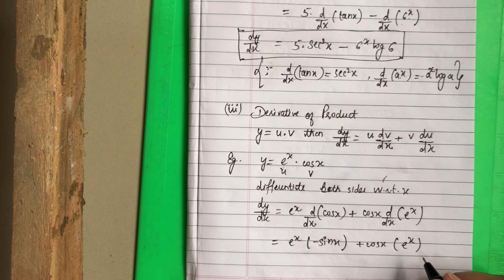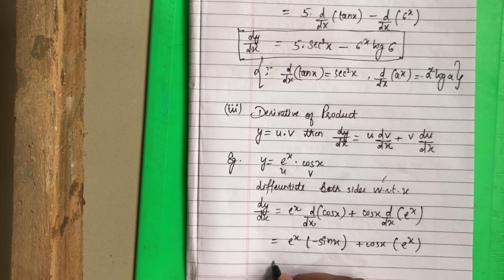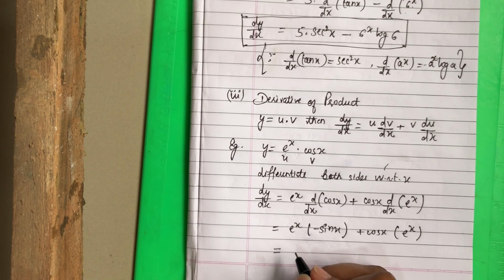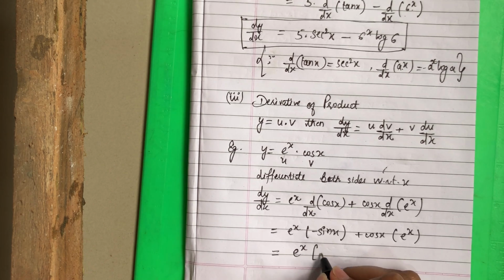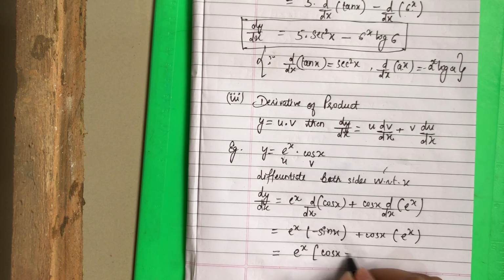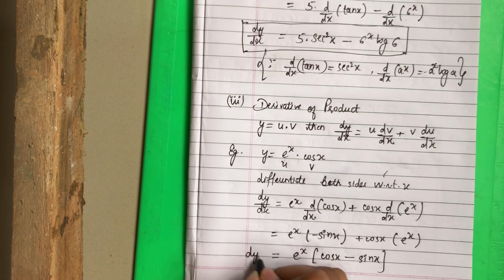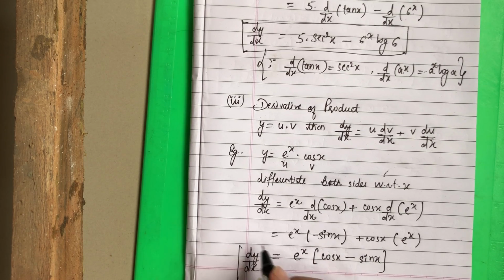So e raised to the power x derivative is e raised to the power x. For writing it in the proper manner, we can take out e raised to the power x as common. e raised to the power x bracket cos x minus sin x. That is your dy by dx.